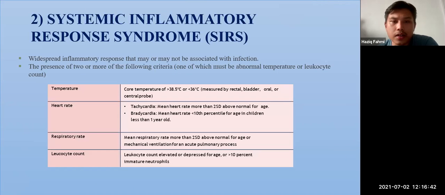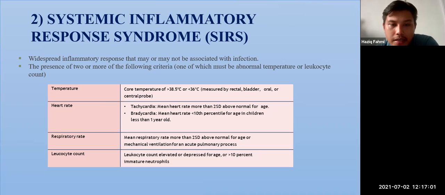Okay, so next is on systemic inflammatory response syndrome, SIRS. It is defined as a widespread inflammatory response that may or may not be associated with infection. In order to diagnose, we need at least 2 out of the following criteria, of which one must be from abnormal temperature or leukocyte count.